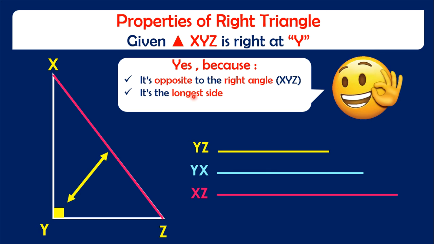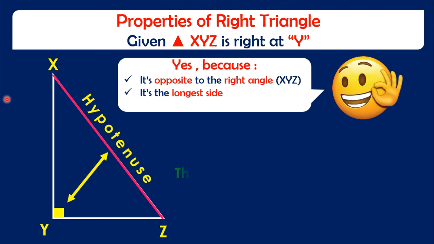We call this side, which is opposite to the right angle and the longest side, hypotenuse. And now we concluded the first property of right triangle. Yes, so the first property of right triangle is that the opposite side to the right angle is called hypotenuse, and it is the longest side.